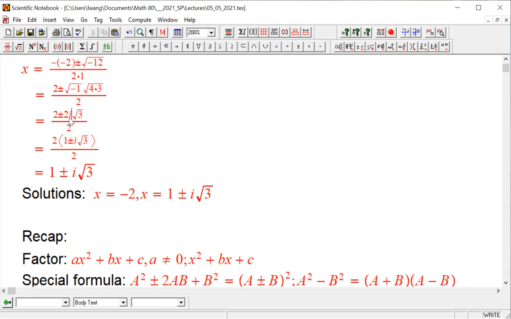You don't want people to think that this is 1 plus or minus the square root of 3i, and that would be a mistake. So don't do that. That's a mistake because the square root bar is too long.